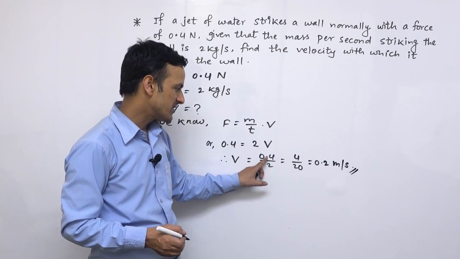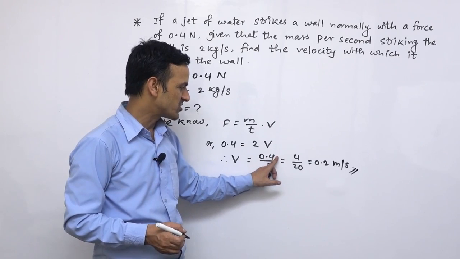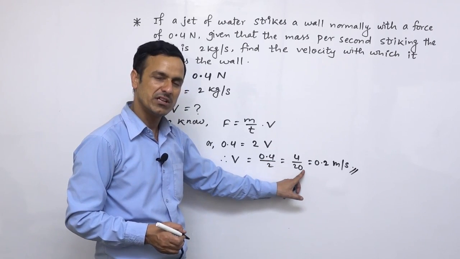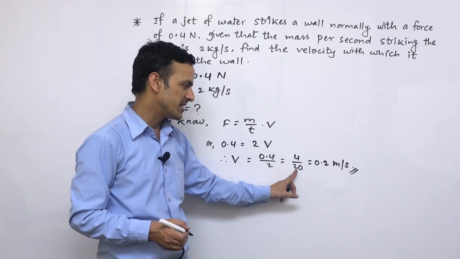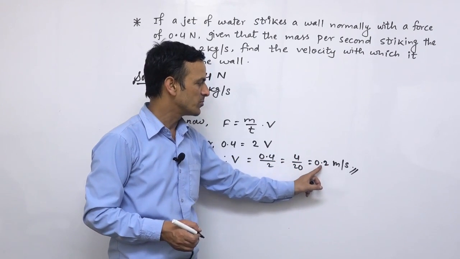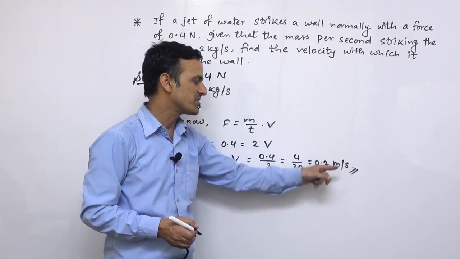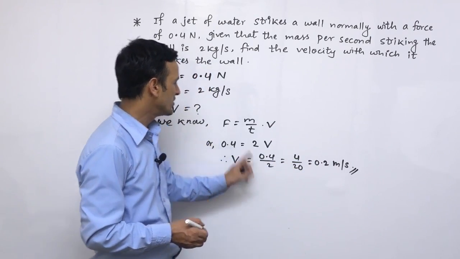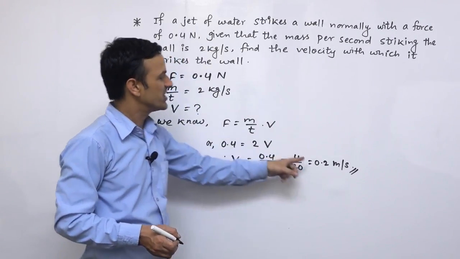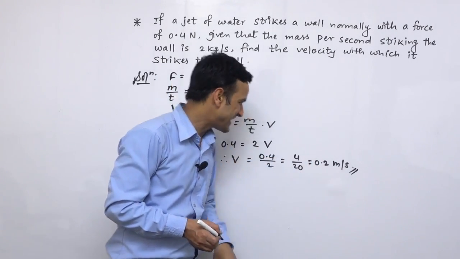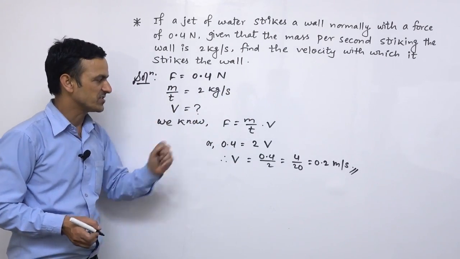To remove this decimal, we have one number after the decimal, so put 10 in the denominator, and 4 divided by 20 means 2 twos are 4. So in this way, the velocity of this jet is 0.2 meter per second from this question.